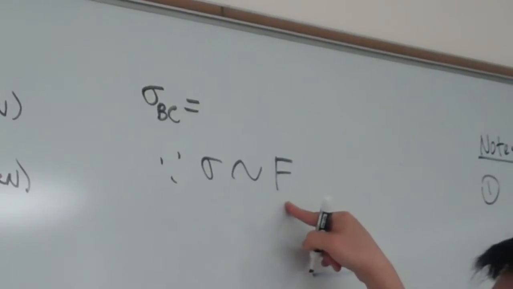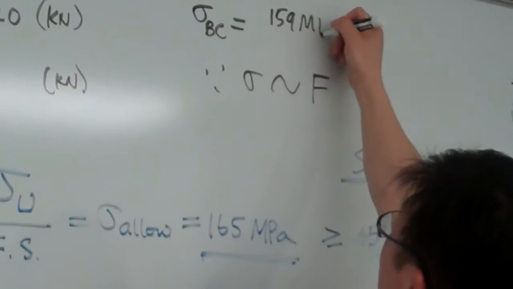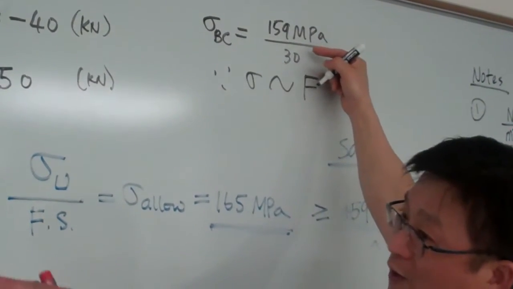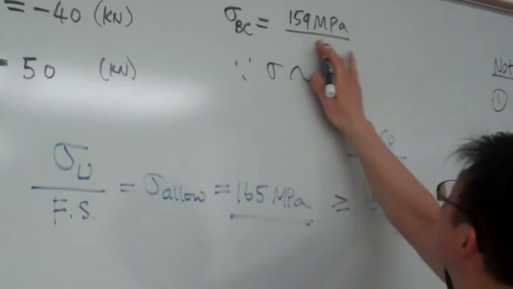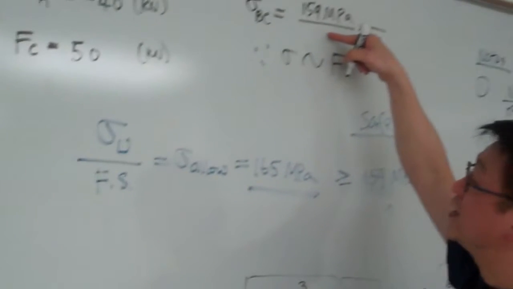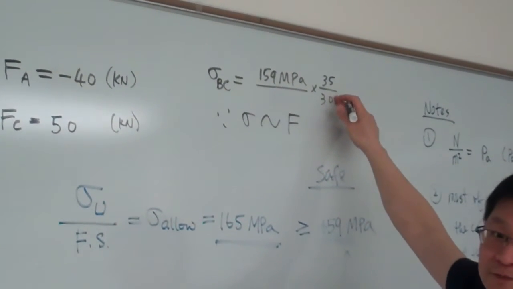So our original 159 MPa is with respect to 30 kilonewtons, and right now we raised it to 35. So our stress will be linearly increased by this much.